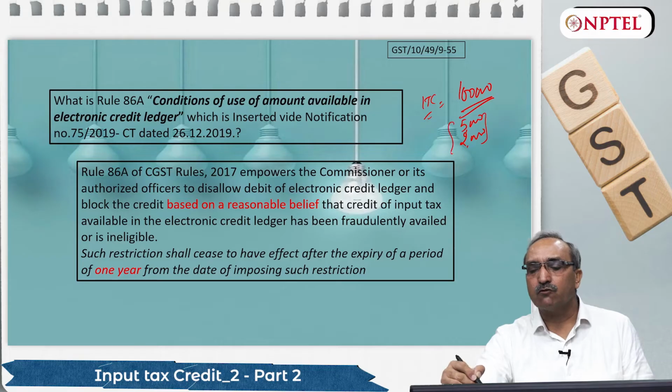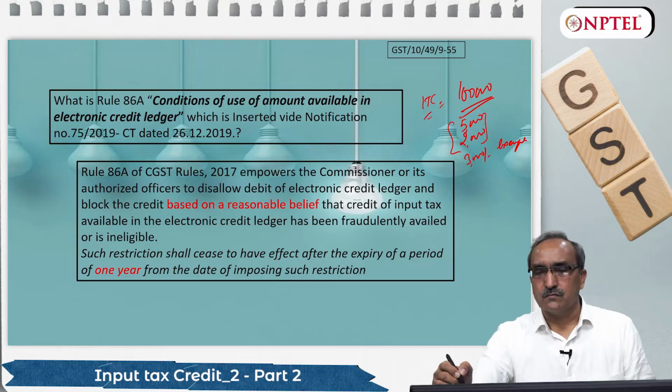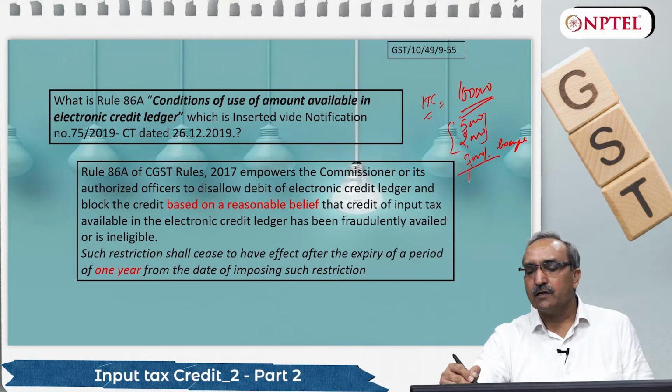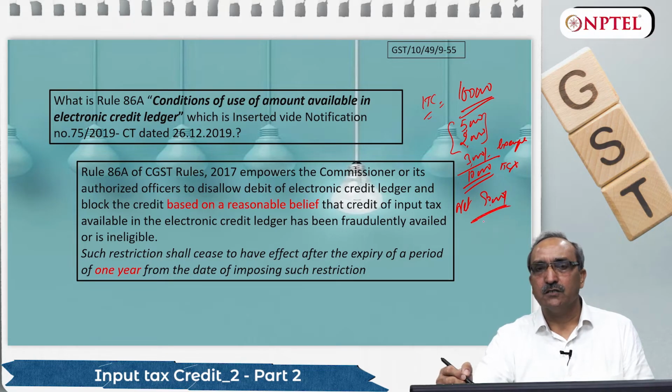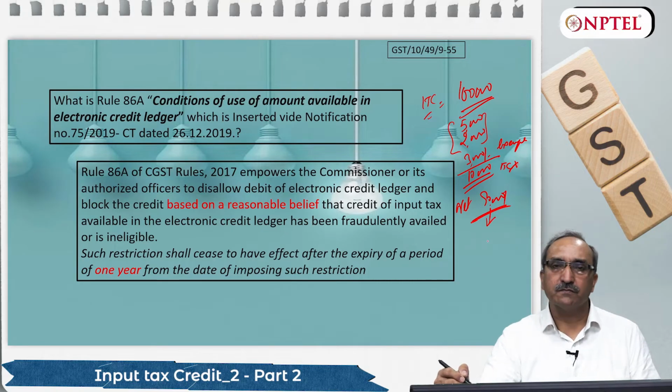So this 7,000 rupees ITC is not available to you because of section 16 or section 17, or 3,000 rupees is used for some exempted item, as I told you in my previous slide. So here a total of 10,000 rupees ITC is not available to you. So net ITC available is 90,000. So you can pay your tax liability up to 90,000 rupees straightway by using this amount.